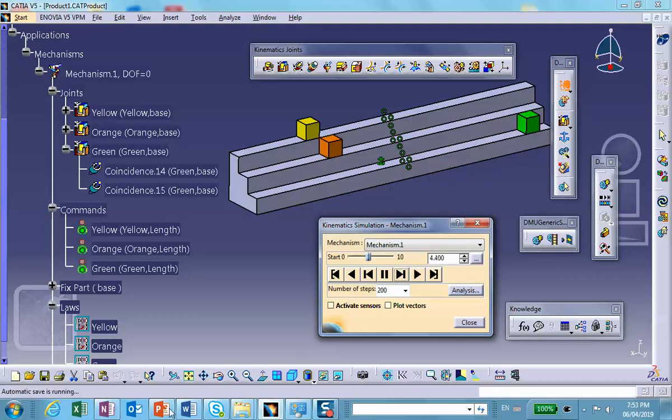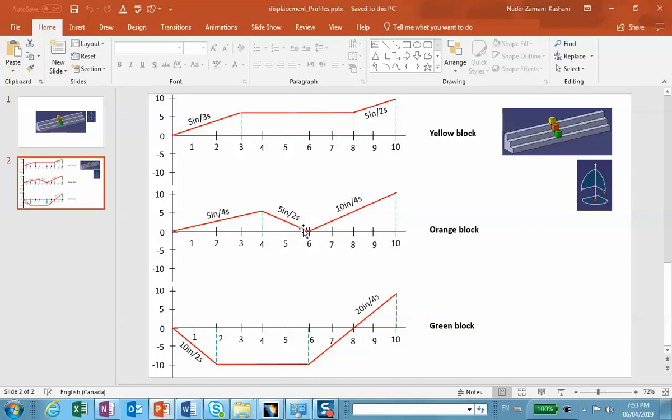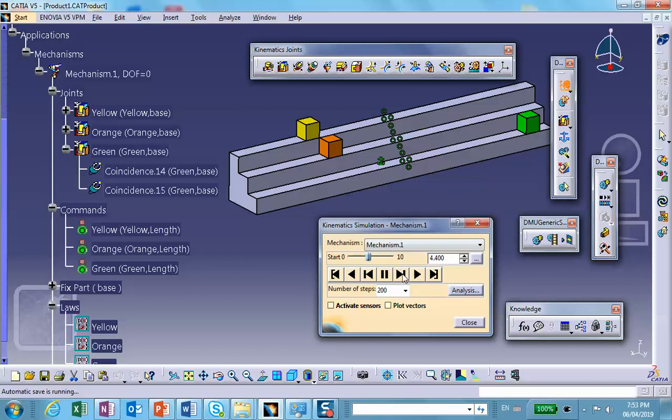So let's see, at 6 seconds, it reaches the 0 position. I hope so. At 6 seconds, you should reach a 0 position, which means right there where it started. Yeah, it looks good.